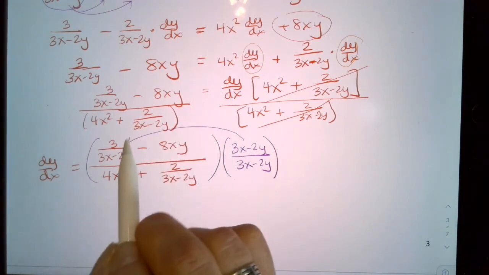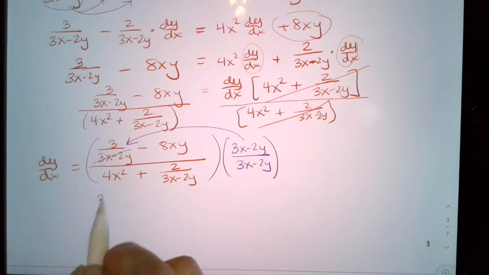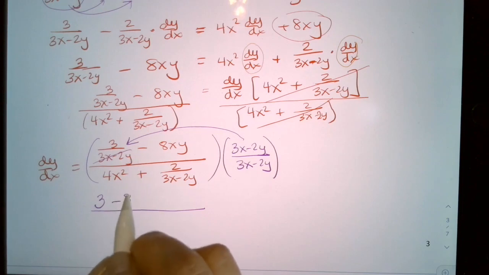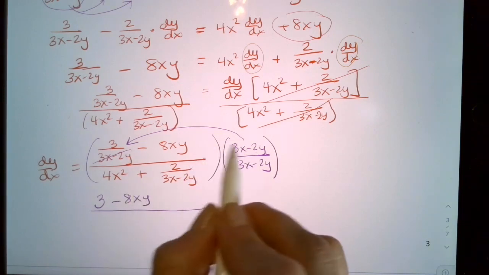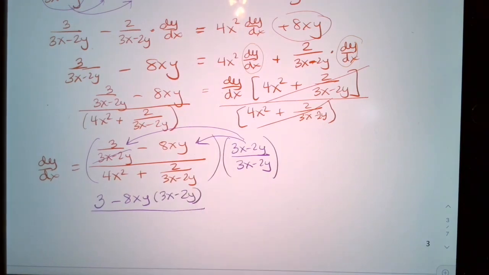The point is to get rid of the denominators here. So that's going to cancel out that denominator, leaving me with 3, which is great. Over here, I'm going to have the negative xy, but that 3x minus 2y is multiplying that. That's okay, I've gotten rid of the fraction in the fraction. I'm going to keep going in the denominator.